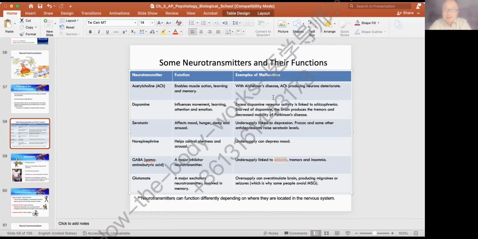From the point of view of the neurotransmitter, maybe the ACh secretion is not adequate, because acetylcholine is associated with memory, right?